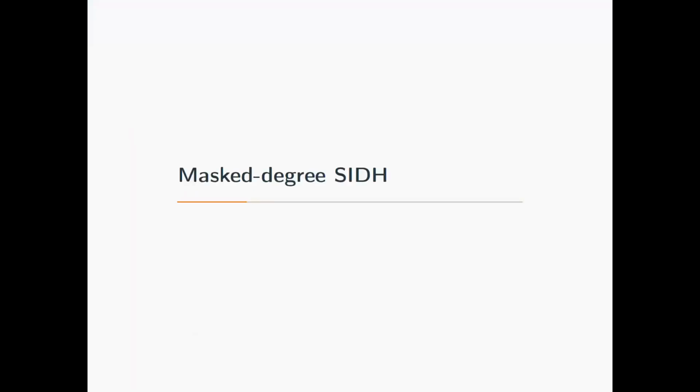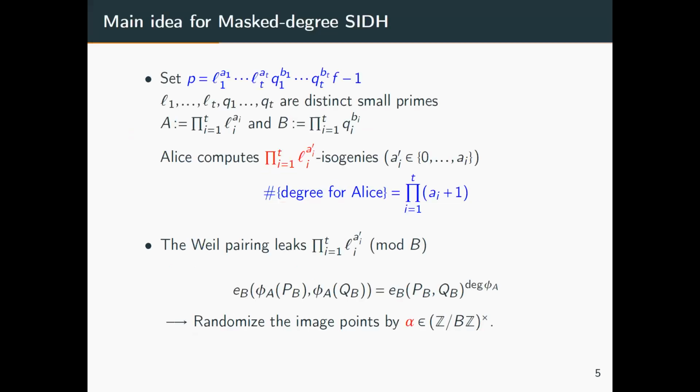Then I explain the construction of the Masked-degree SIDH. This is the main idea. The most important part is to use a prime of the form l_1^{a_1} ... l_t^{a_t} · q_1^{b_1} ... q_t^{b_t} · f - 1.